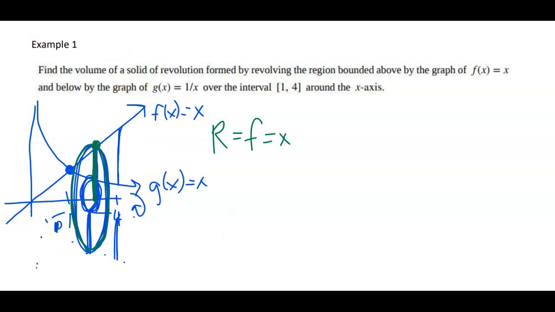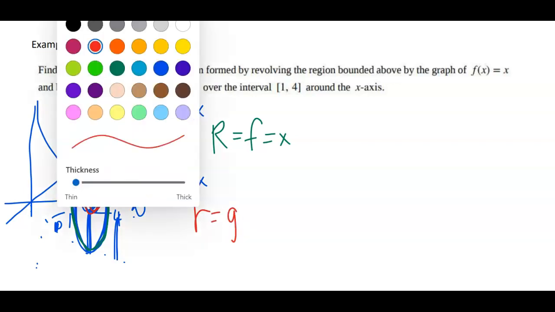Then I have my little function here. That height is always g of x as I go around and around and around. So little r equals g of x.